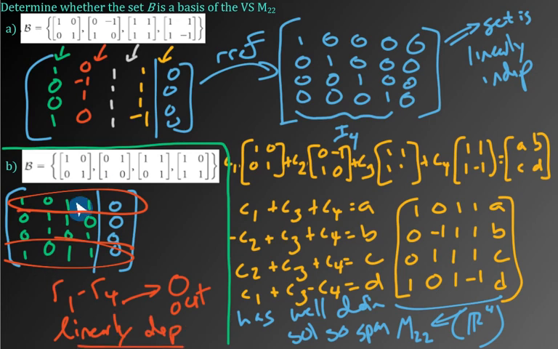This part is a lot of times an easier way to figure out if it's not going to be a basis, because it's a much quicker computation. Doing all this can take a little longer, definitely. So I would always recommend, if you're trying to show something's a basis, do this first: RREF everything, get the matrix out of it, and if it's an identity, linearly independent.